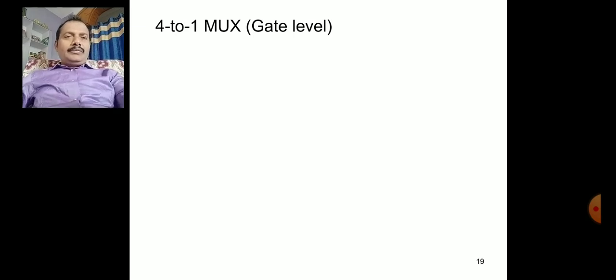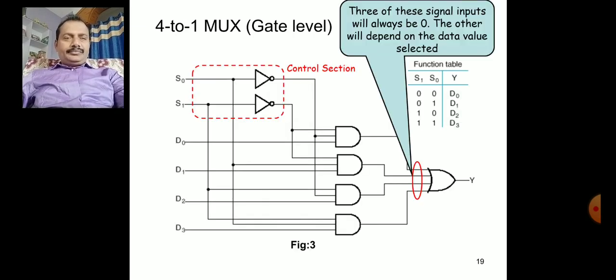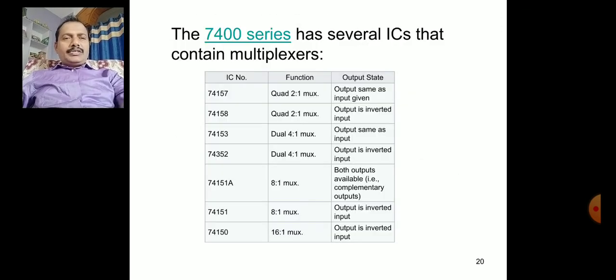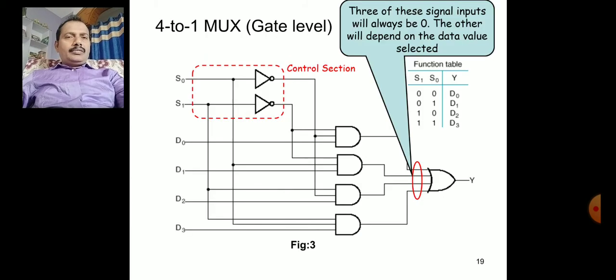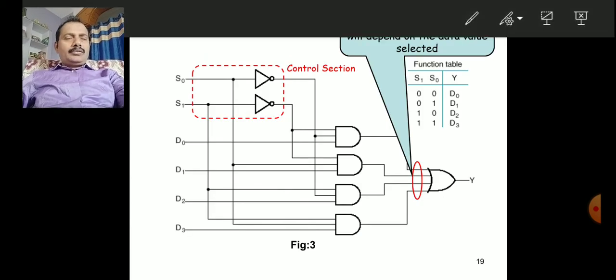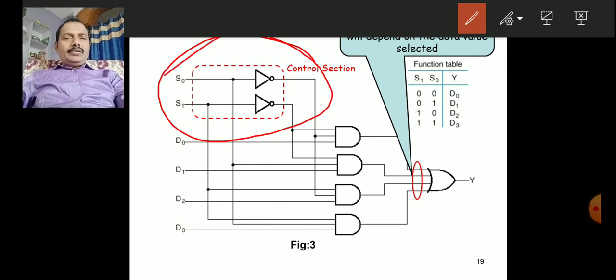So 4 to 1 multiplexer at gate level. Observe here, these are the control lines, control selection. 4 lines are there, 1, 2, 3, 4. 4 control lines are there.